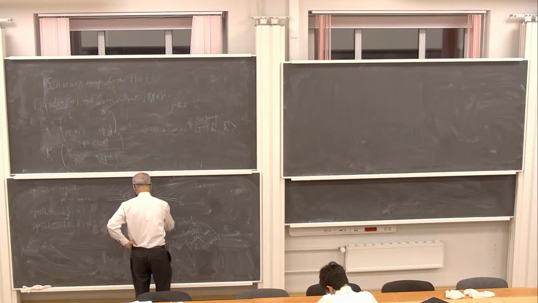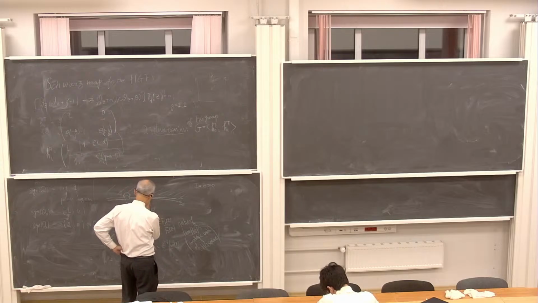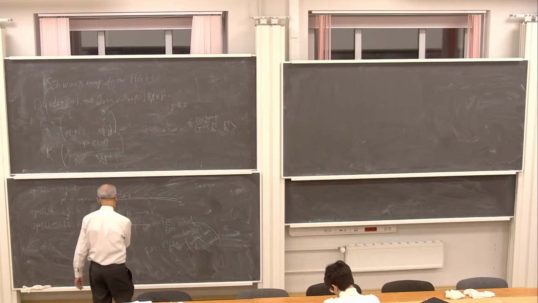The point was that in the neighborhood of each branching point, we can find a solution basis of the hypergeometric equation.